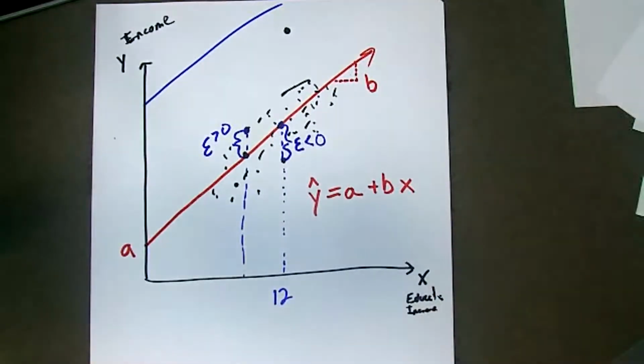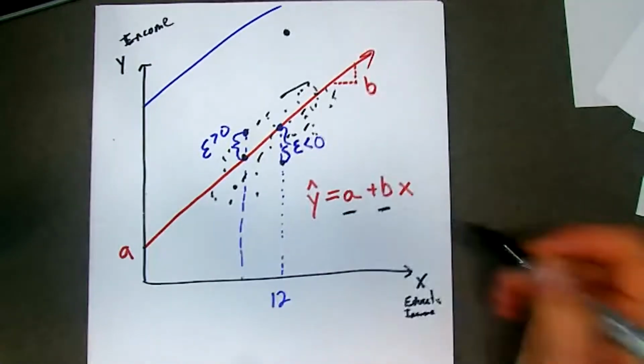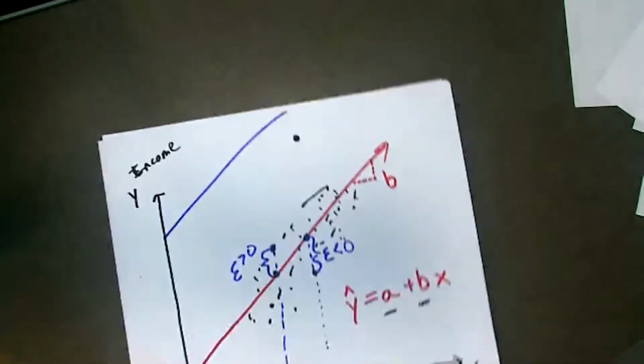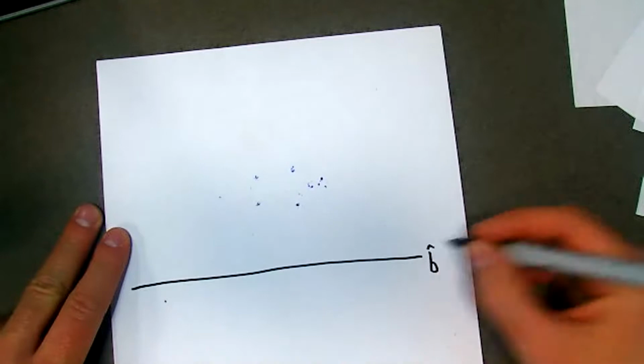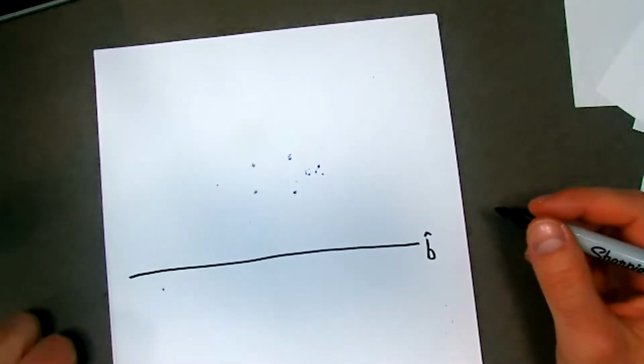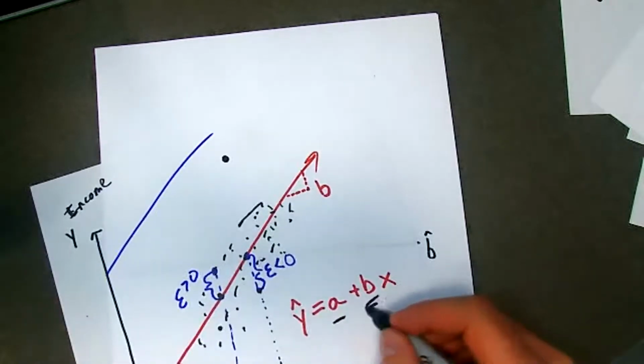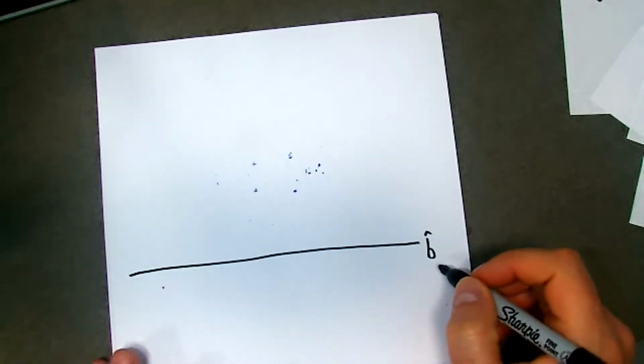So we're trying to come up with these values for A and B, right? What we're actually doing is coming up with predicted values for that coefficient. There is some true population B value, some true relationship between that X and Y variable, but we're just getting an estimate using our data set.